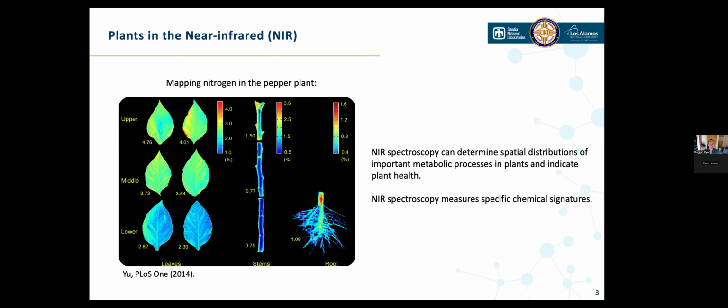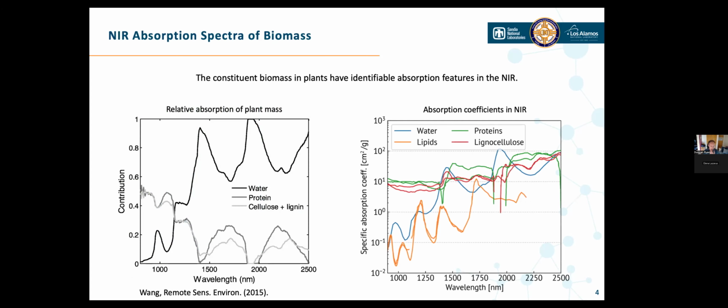And of course, upper leaves are exposed more to the sun, and the more sun these plants are exposed to, the hotter the chilies tend to be. But these spectroscopic signatures are really important to map spatially. So if you know where these signatures are within the plant, you can get an idea of what's happening with metabolic processes.